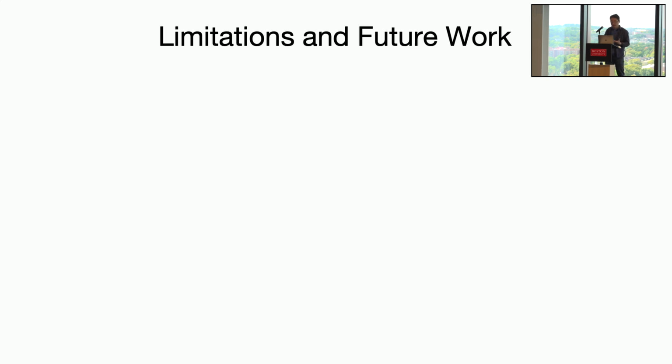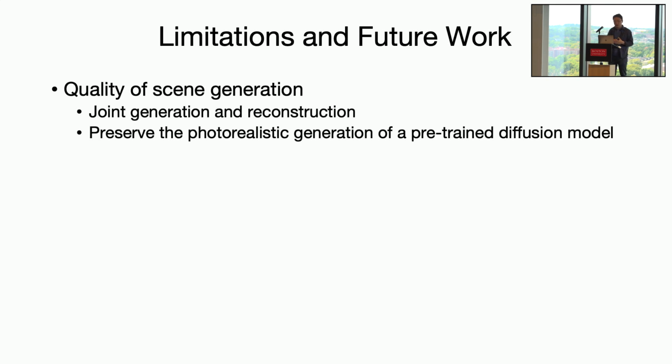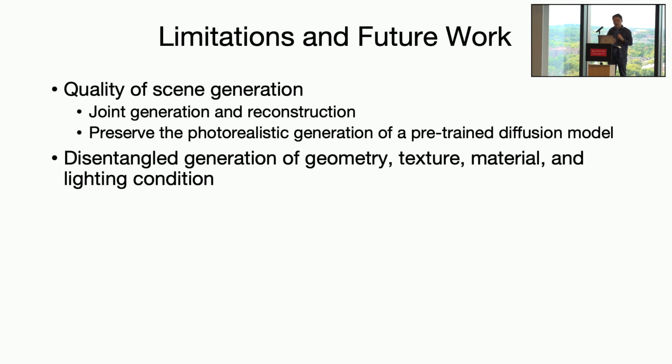Okay, so of course this model still has some limitations. I'm going to quickly mention some of them. First of all, the quality of the scene is not close to what we may capture using cameras. So how can we improve that? Also, right now in the generated images, we have entangled the geometry, texture, material, and light condition all into those RGBD observations.